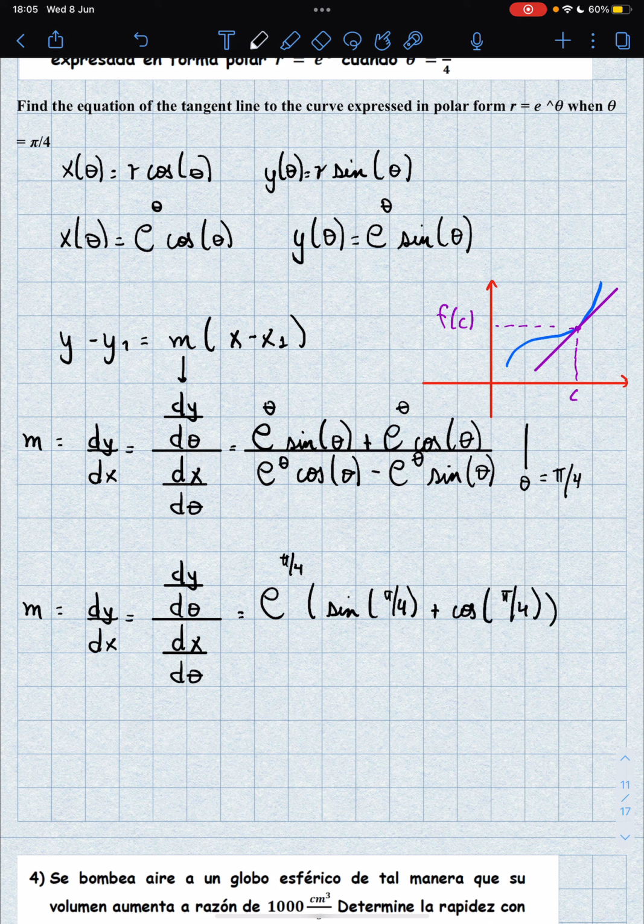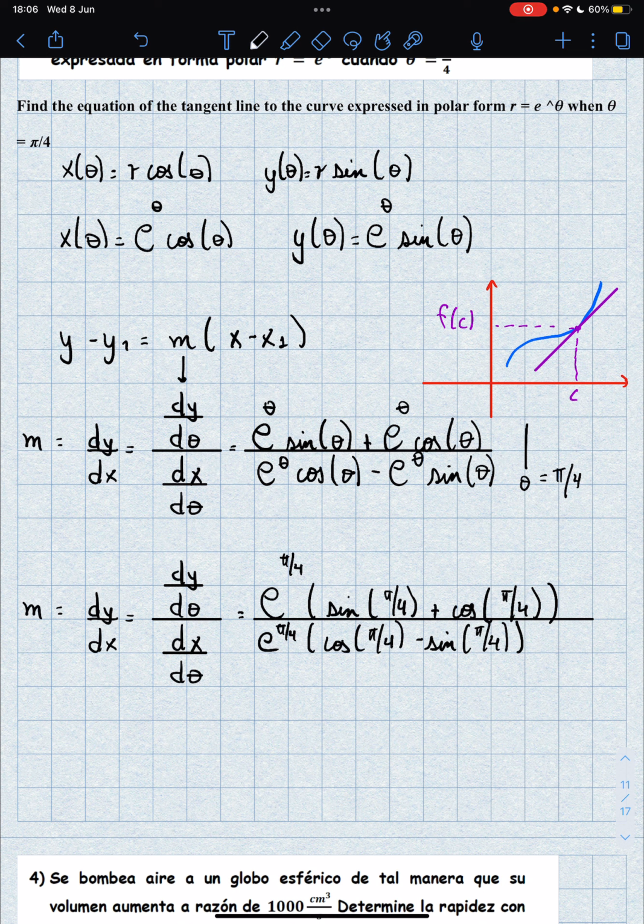Here I just factorized this expression. Why did I factorize it? Because there is an e to the theta in both terms, so I just have e to the theta times this expression plus this expression. This is the same that I'm going to do over here: e to the pi over 4 times cosine of pi over 4 minus sine of pi over 4.